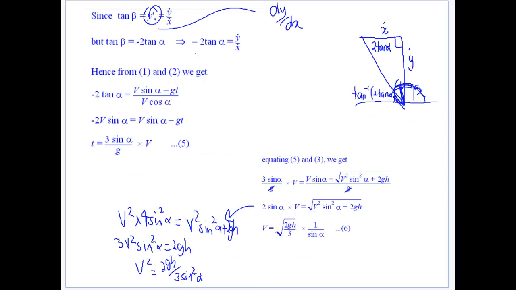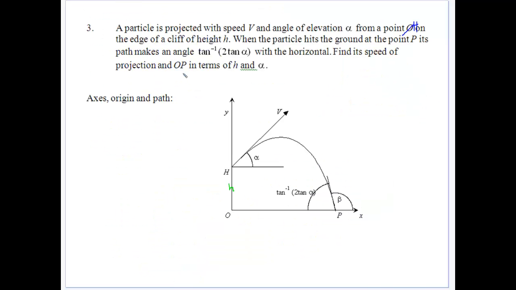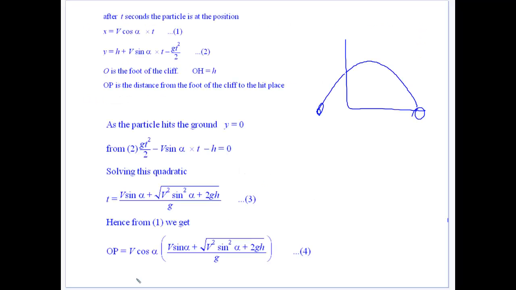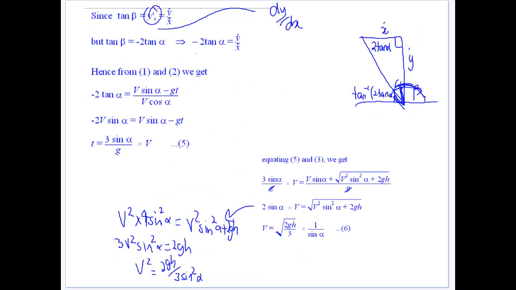So now we need to establish the velocity, because we wanted to get v and OP in terms of h and alpha. So we've got OP, but it's still got v in there. So we need to find our value of v. So we know tan beta here, and we establish that as the vertical velocity on the horizontal velocity, and we know that tan beta would be equal to minus 2 tan alpha, because that's how it was set up before.